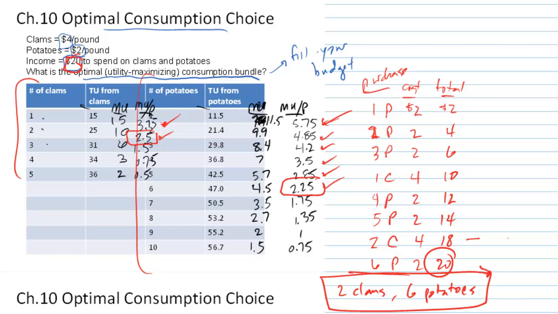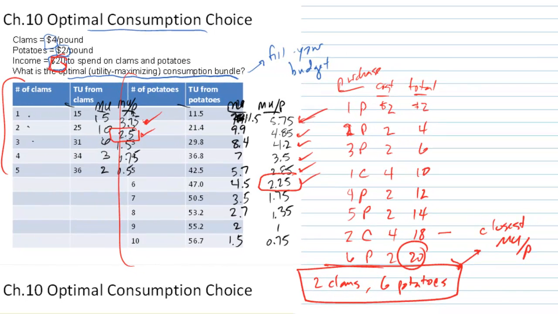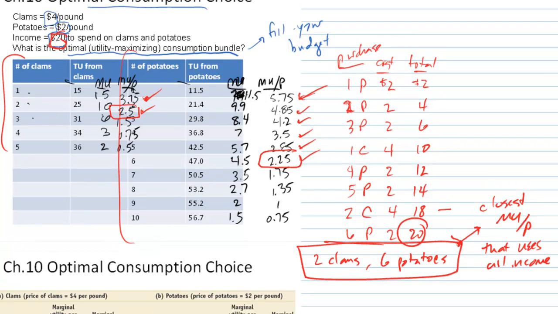And that's another reason why this is the best one. It's always the best one if it is the closest in terms of the MU over P's, again, that uses up all of your income. And again, if you went through and found all the different consumption bundles that use all your income, these two would have the closest marginal utility per dollar of the last unit bought. 2.5 and 2.25 is as close as we can get in this given data. So there's our answer.